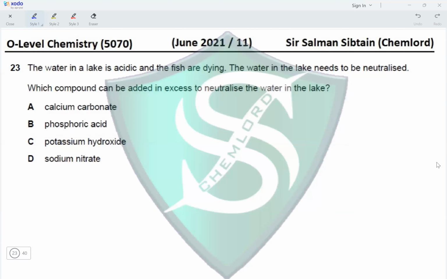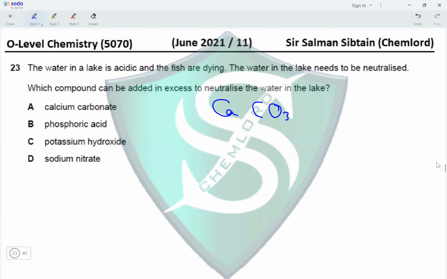So now we have calcium carbonate. Now, calcium carbonate is a weak base. How do we know that? We have to understand how a salt is formed. The cation of the salt is from the base, and the anion of the salt is from the acid.